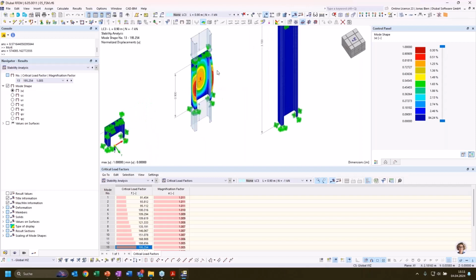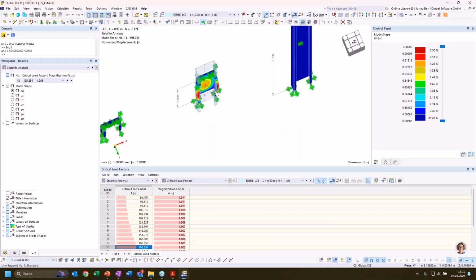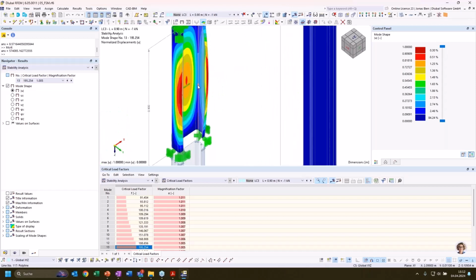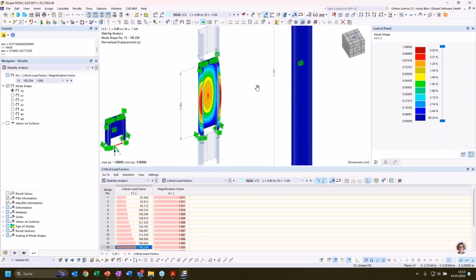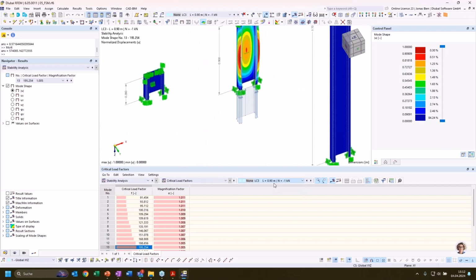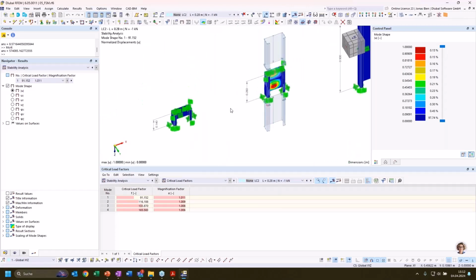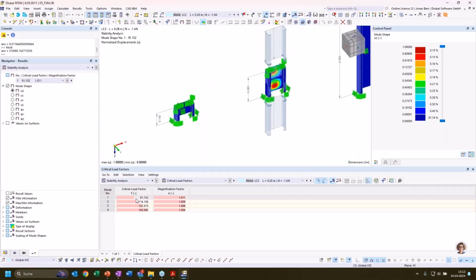So in this case, it's not separate elements of the cross-section that deform, but the whole cross-section bends, so to say. If we look at the midsection, the lips are deforming horizontally, and at the same time, the web is also deforming. And then finally, for the very short configurations, I again find the local buckling modes.